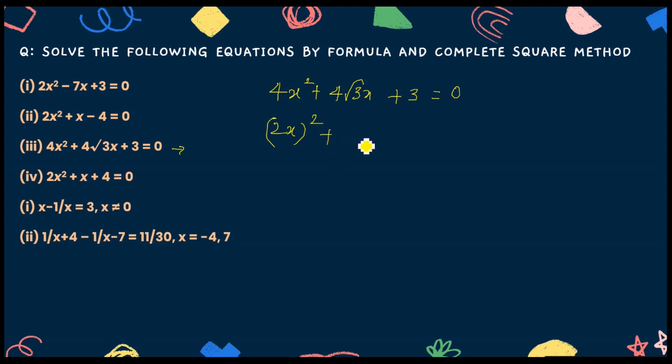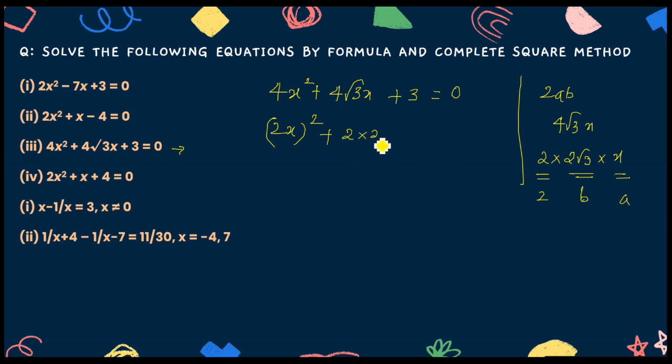Can I write this as (2x) whole square? Then this 4 root 3 x, I have to split like this, right? 2ab like this. So 4 root 3 x. Can I write this 4 as 2 into 2 root 3 into x? So now this is 2ab, anything you can.